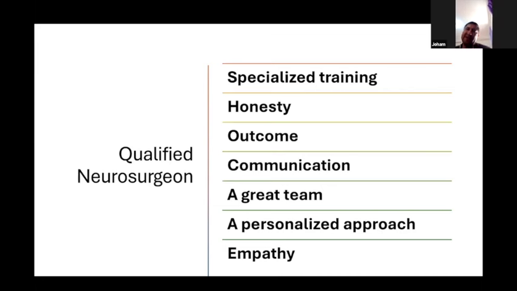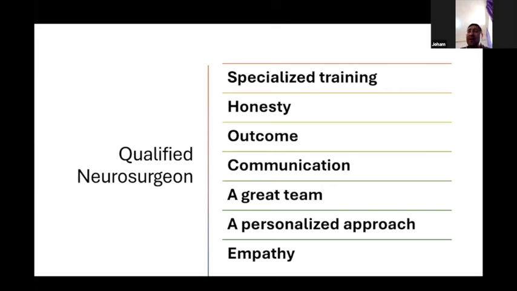We might have modern instruments, modern microscopes, modern tools, but if we don't have qualified neurosurgeons, those are useless. These values are very important for a qualified neurosurgeon: very specialized training in different aspects, honesty with our patients and our colleagues, and good outcomes. If we don't have good outcomes, maybe we cannot continue.